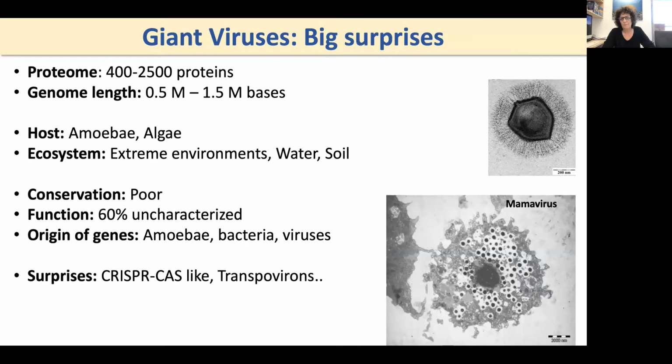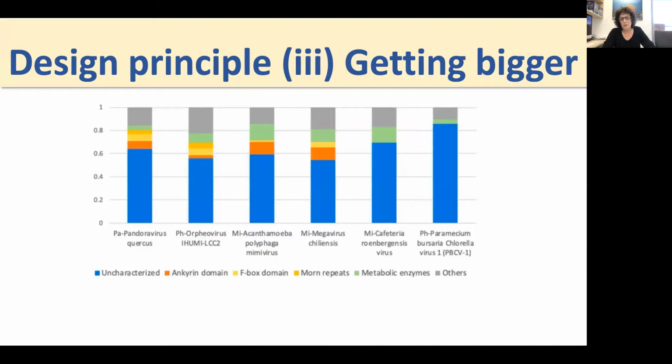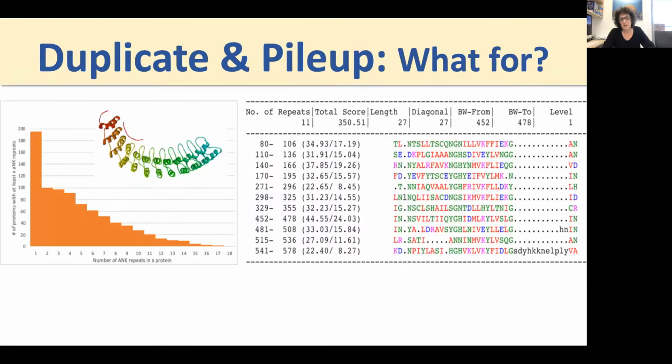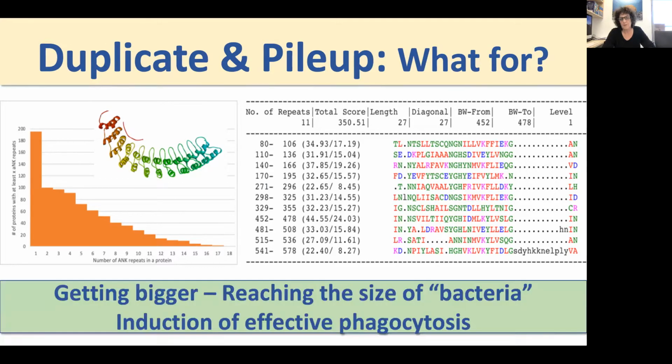They have very many big surprises, but the most important one is their size. And we were able to show that if you look at their proteome, you can find that they do have, look at the bright colors, many duplications. These duplications are many types of repeats, and this is just one example in which you can see that the number of ANC repeats in the proteins of a specific virus is really in the hundreds.